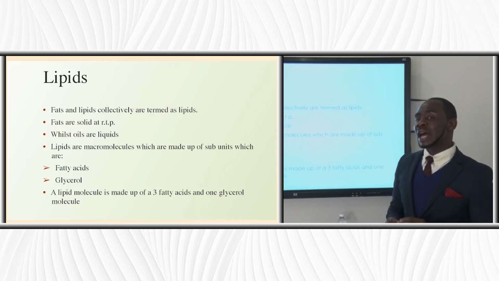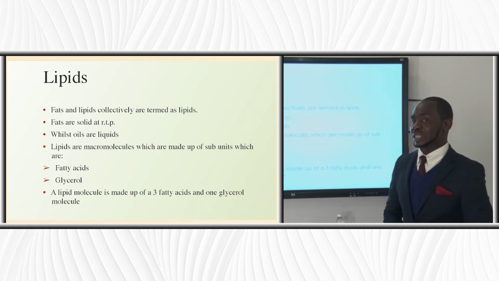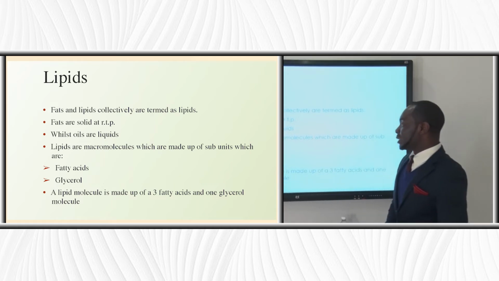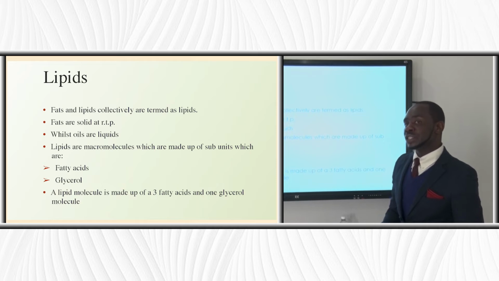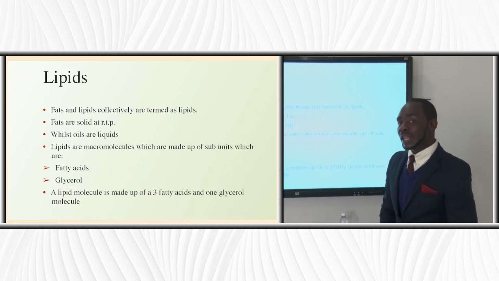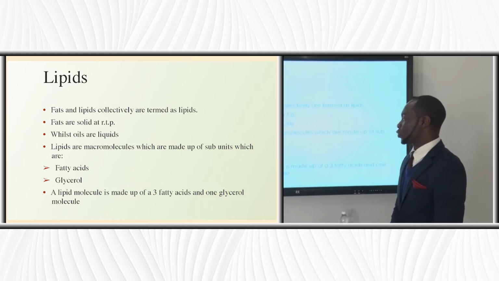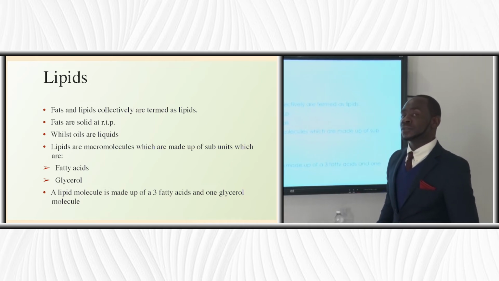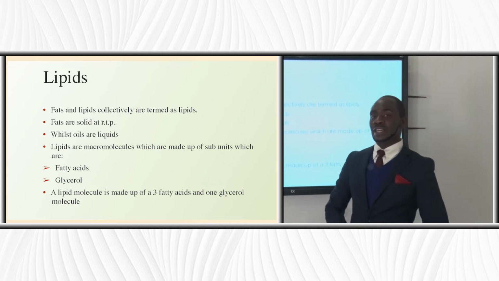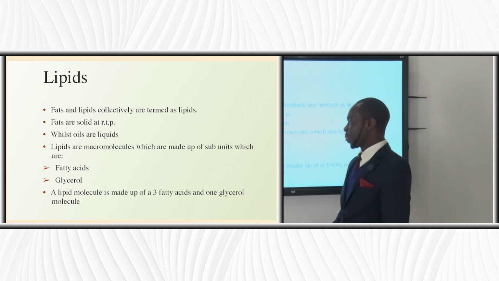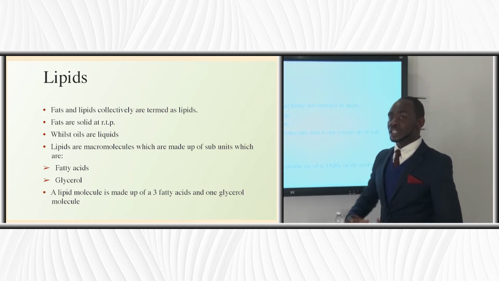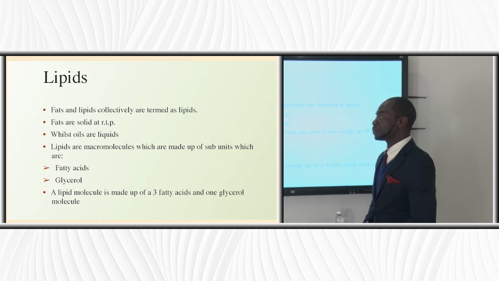Let's look at the subunits which make up lipids. They are fatty acids and glycerol. These are subunits which make up lipid macromolecules. A lipid molecule, which is a triglyceride, is made up of 3 fatty acids and a glycerol. Let's look at the structure of a triglyceride, which represents a lipid molecule.